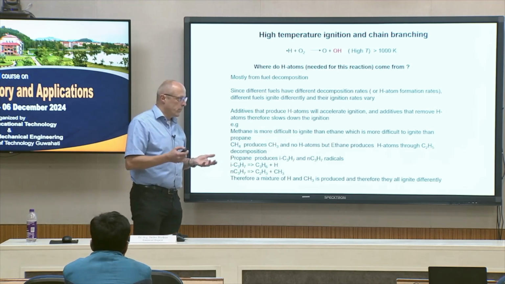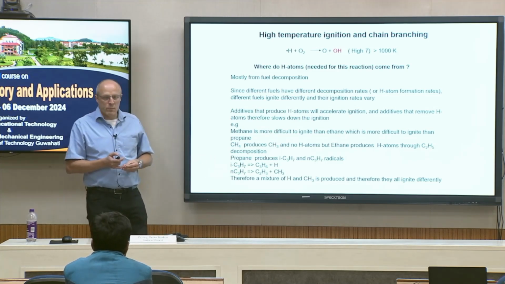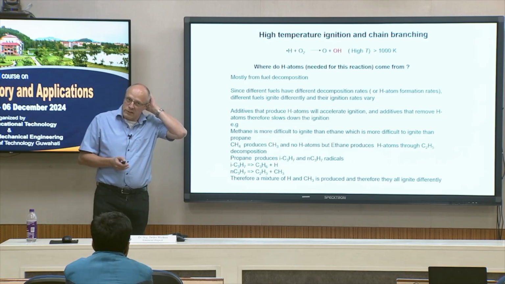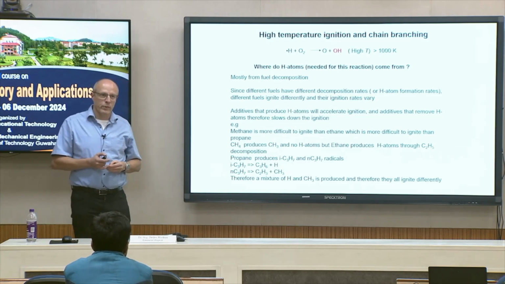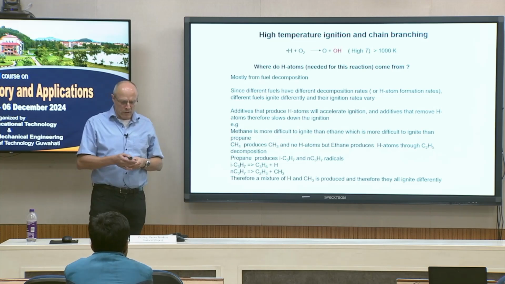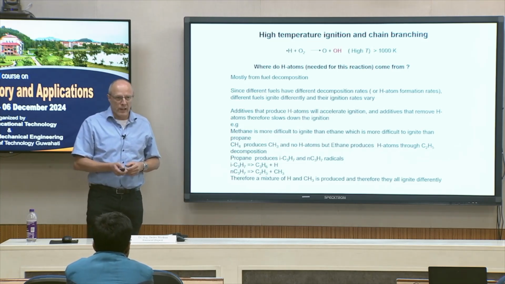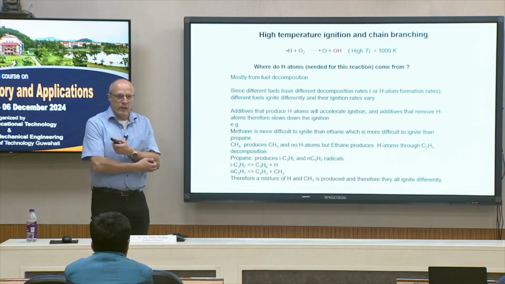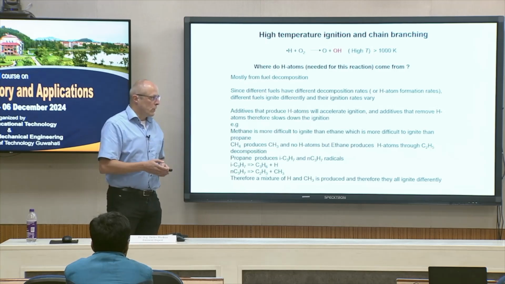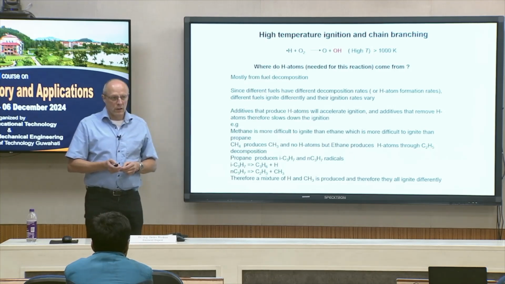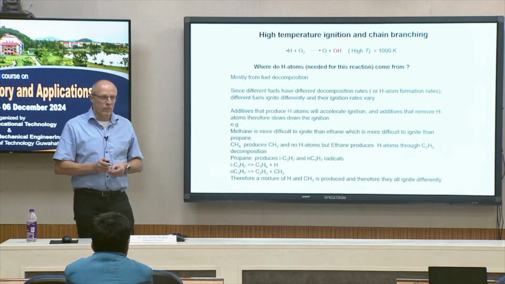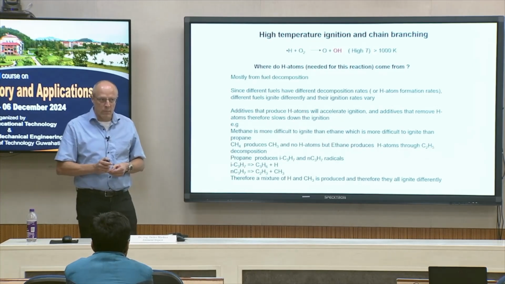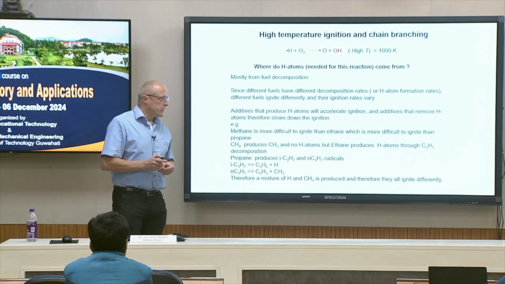Propane is much easier to ignite because it's easier to abstract the first hydrogen atom. So we have seen this last time with the slide concerning the NOx behavior. So heptane has a very low NOx number because it's easy.